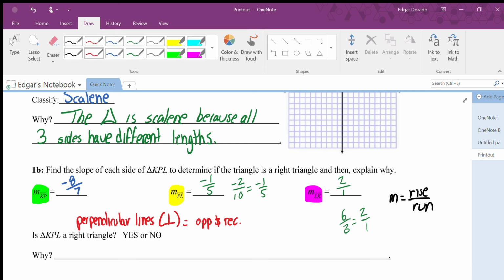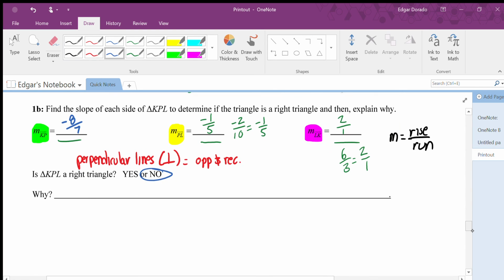So if it was like 1 over 2, it's now 2 over 1. So we have to compare all three of our slopes here. This one, and this one. Okay, well, negative 8 over 7, the other numbers don't even have an 8 or a 7. Nope, nope, nope. They are all completely different. None of them are opposite and reciprocals, so no.